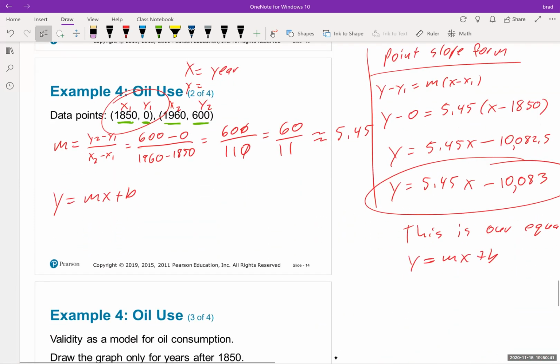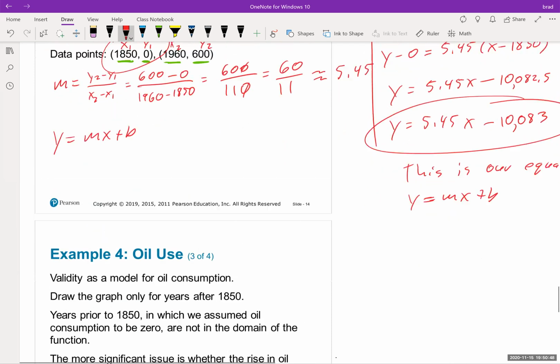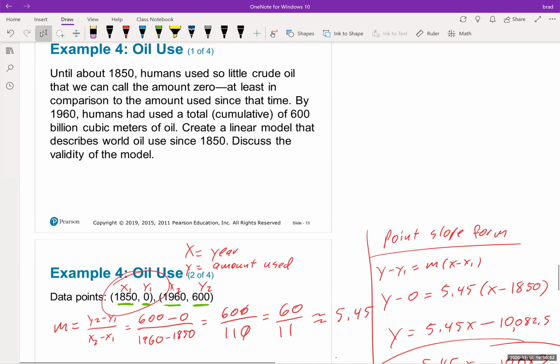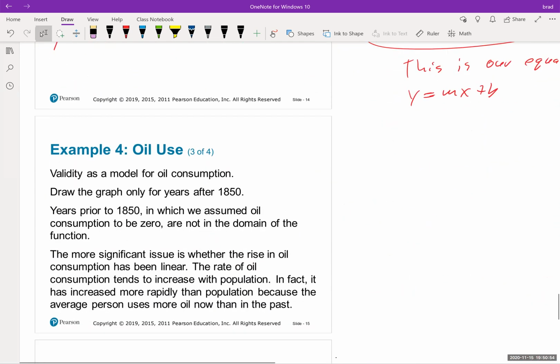Used, let's say used. Okay, so let's see here. They say we have our new model, and it says, as a model for oil consumption, draw the graph only for the years after 1850.